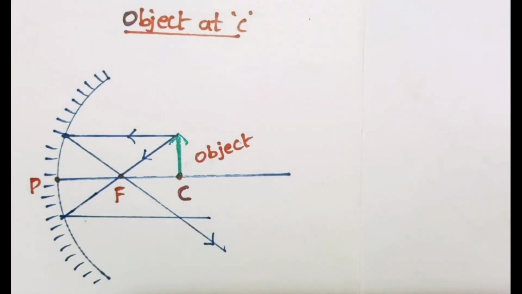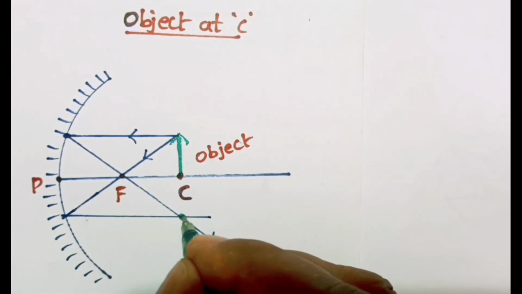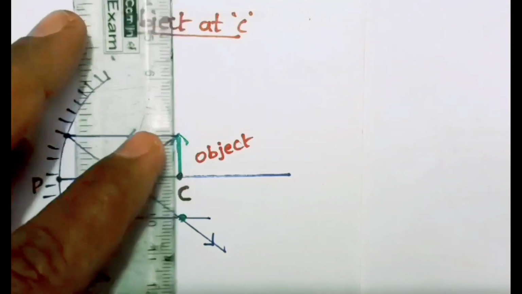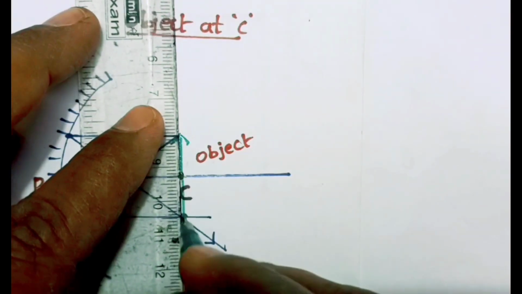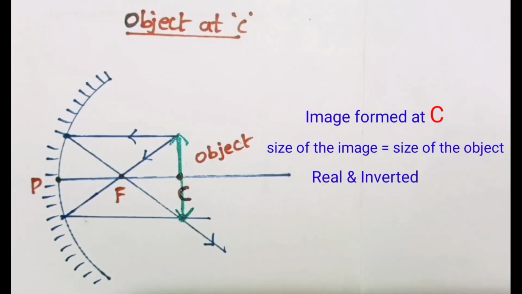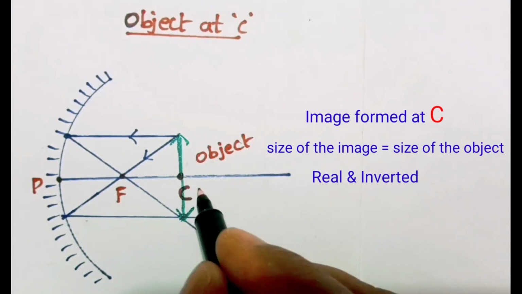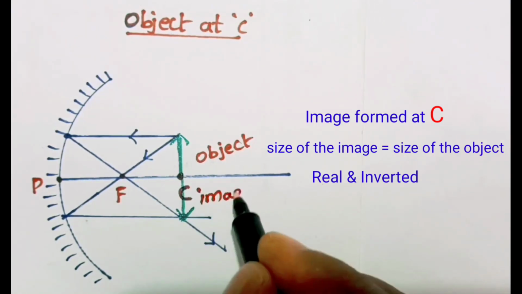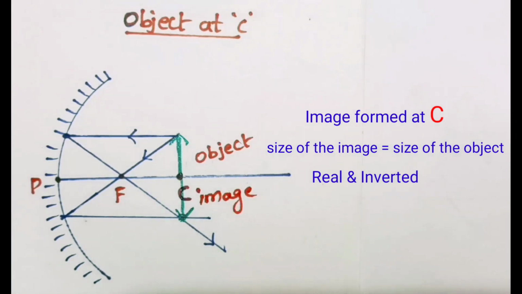These two reflected rays are converging rays and they intersect with each other near the center of curvature. So, we can conclude that when an object is placed at C, the image is also formed at C.